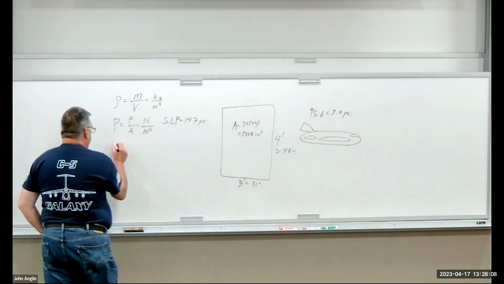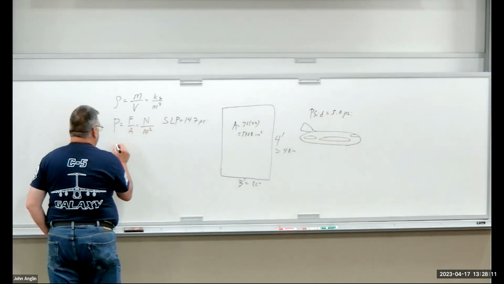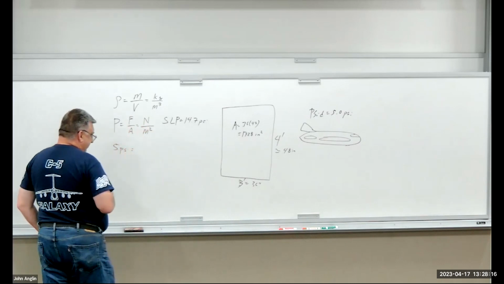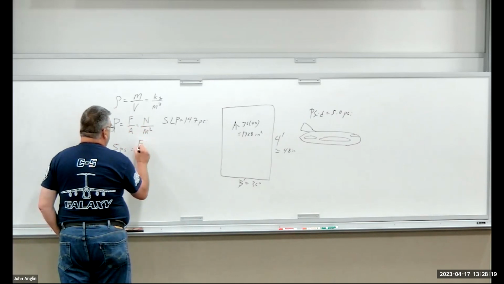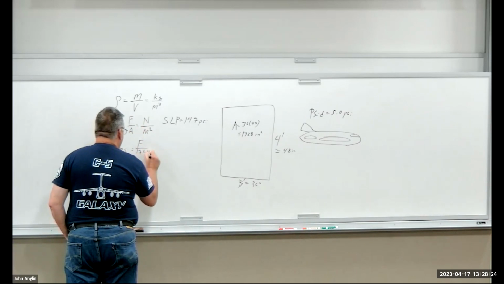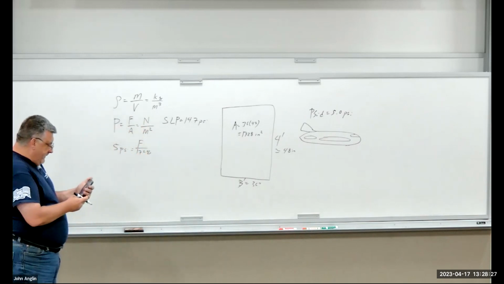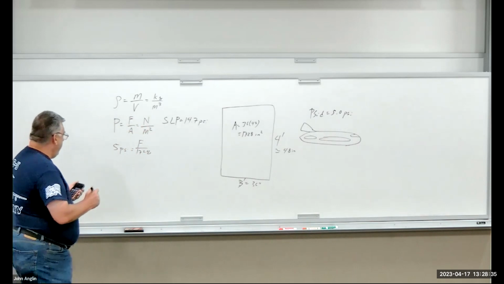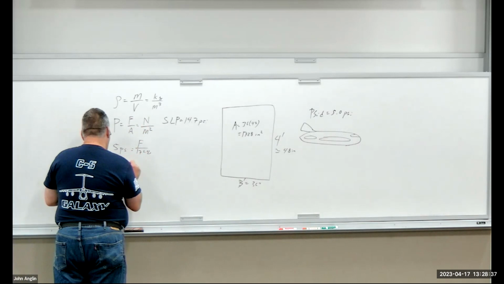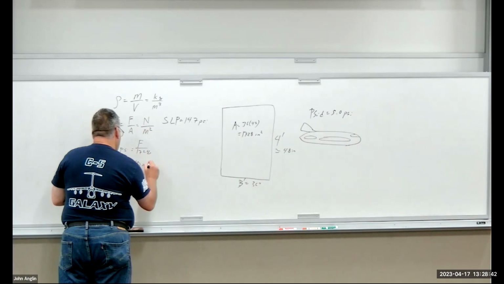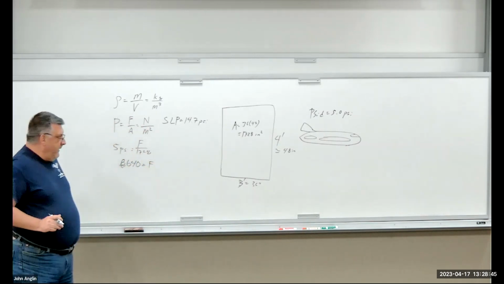So we go over here to pressure. Pressure is force per unit area. So we put our 5 psi into our pressure. Force we don't know. We do know an area, which is 1728. So if we do 5 times 1728, that gives us 8640 as a force.